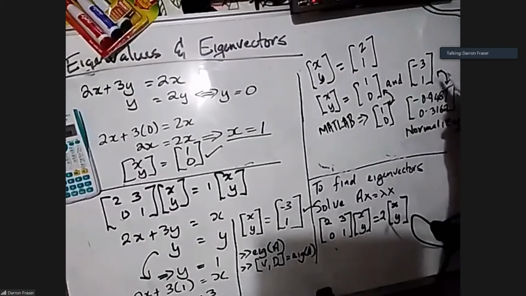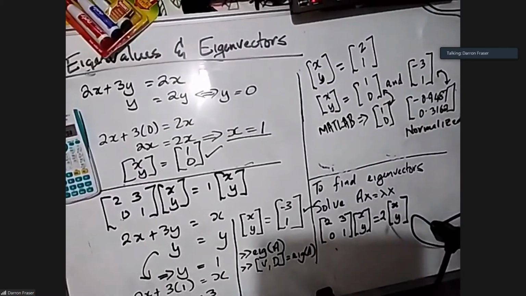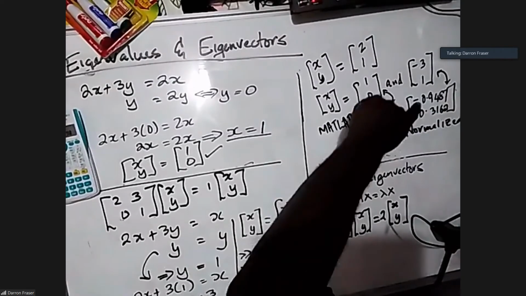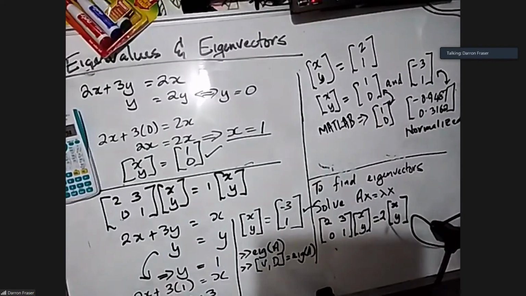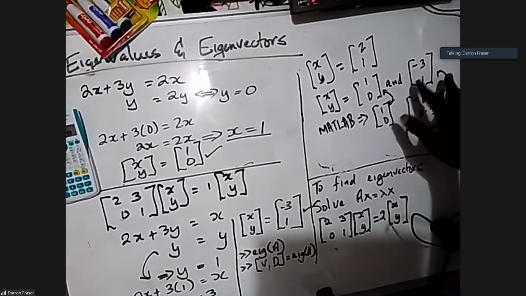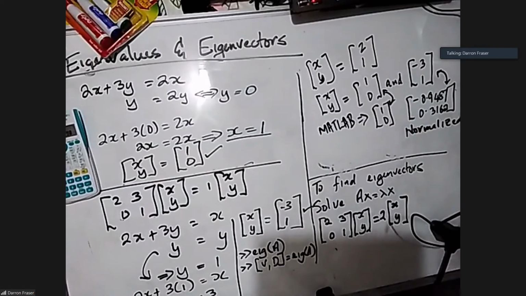They take the vector and divide it by its length to produce a unit vector. If you square these and add them and find the square root, you get 1. So they give you the answer normalized. We are right to know the eigenvector as is.